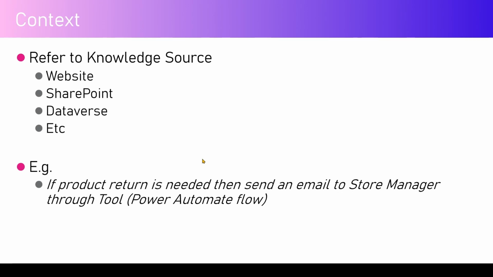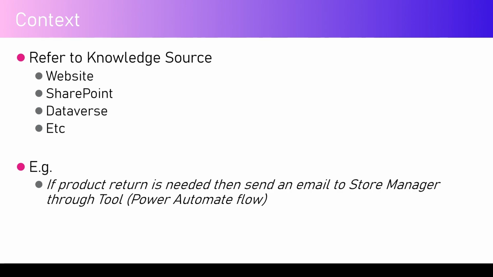From a context perspective, the agent needs to understand the prompt and then provide a response on the basis of the questions asked. So the agent needs to first look into the agent's general knowledge. If the agent's general knowledge is turned off, then the agent needs to have some sort of knowledge source to refer to.